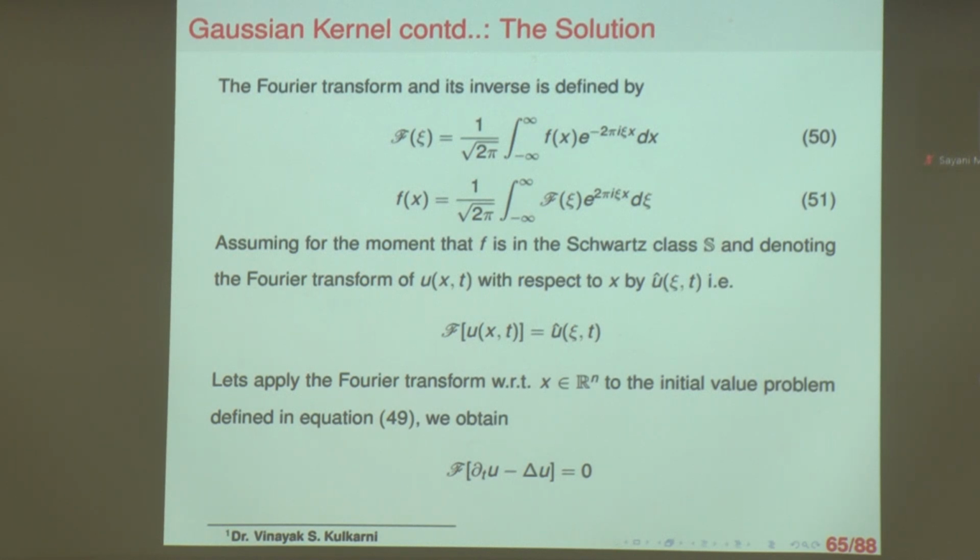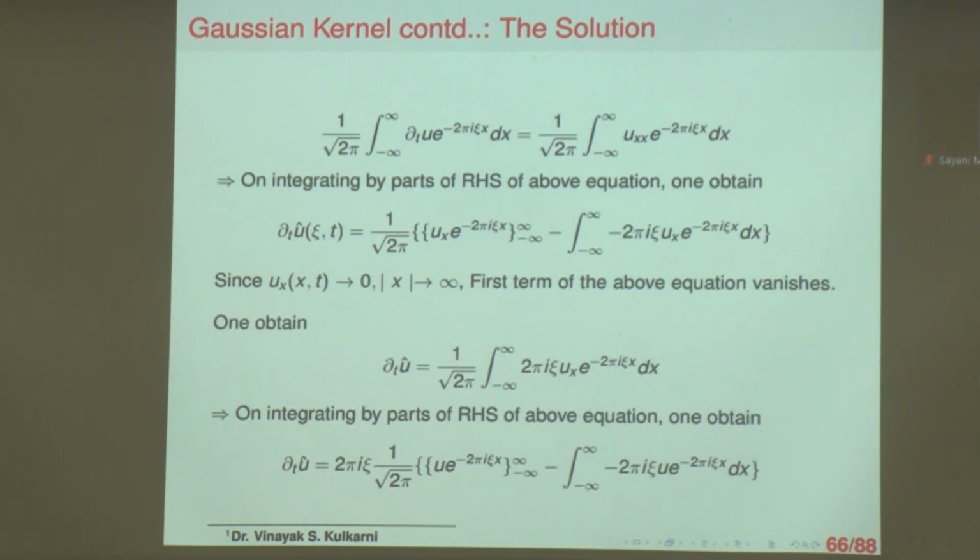And now I will apply the Fourier transform on the governing differential equation. So our governing differential equation is the derivative of u with respect to t minus del u, where del is the Laplacian operator, equals 0. Now I have simplified each and every step for better understanding.